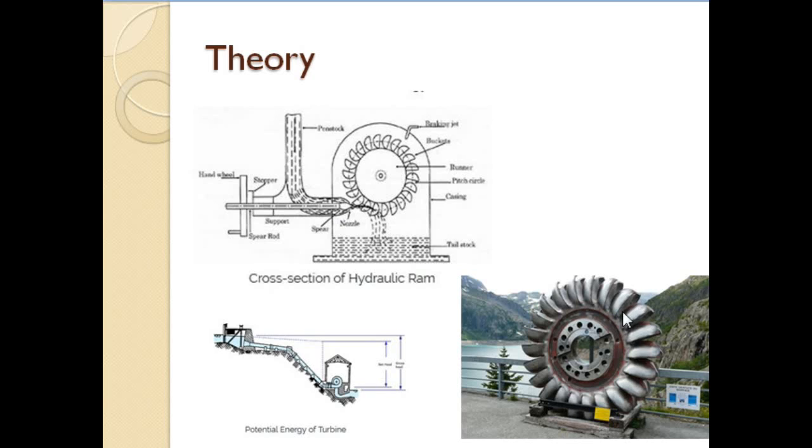These Pelton cups are the major key device to convert kinetic energy into mechanical shaft power. They will extract the energy available from the fluid. Through the nozzle, we get a high velocity jet.